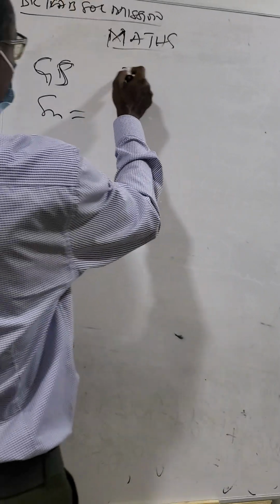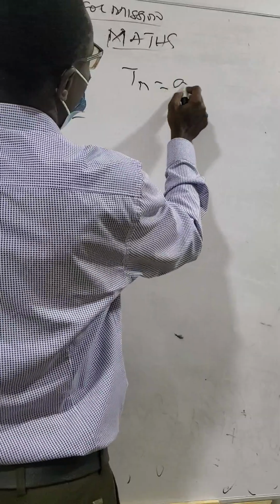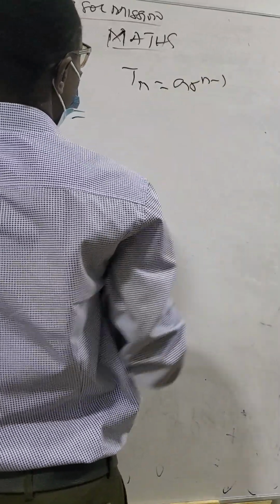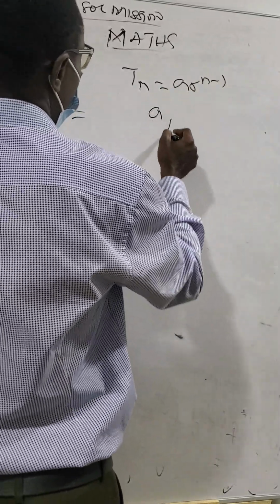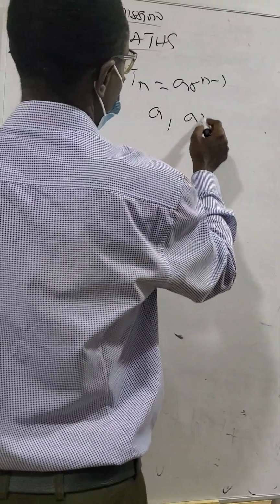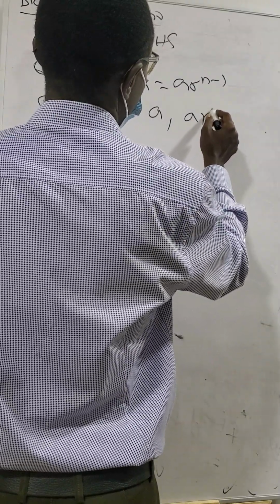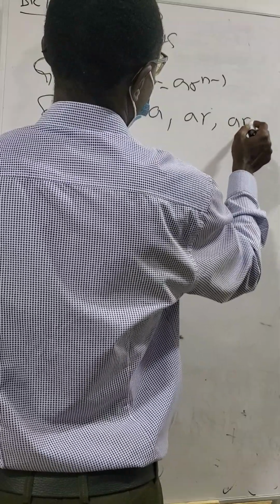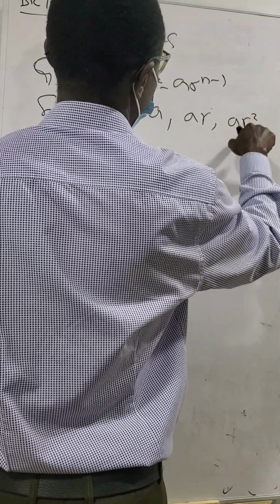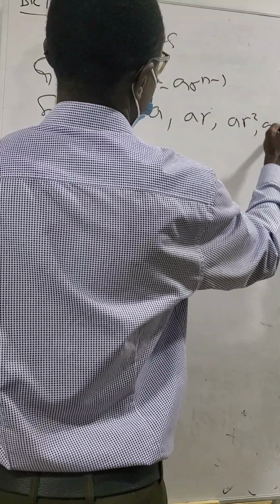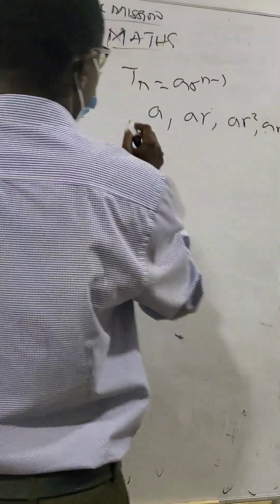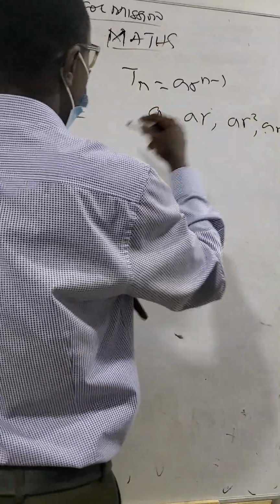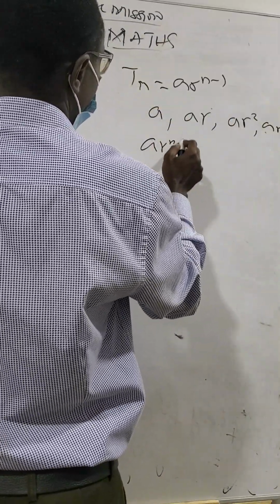Of course, we've already said Tn is equal to a r to the power n minus 1. So you see that you have your first term, the next term will be times r, which is going to be a r, then a r squared, and so on.